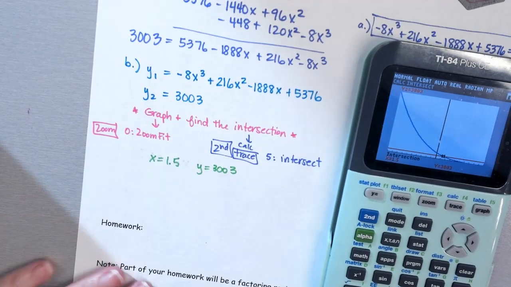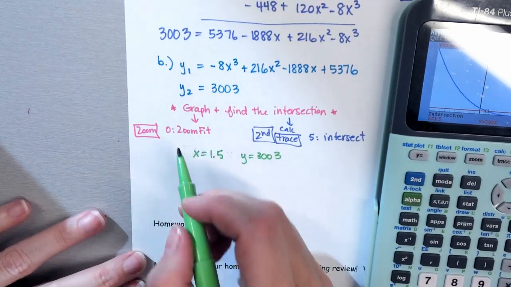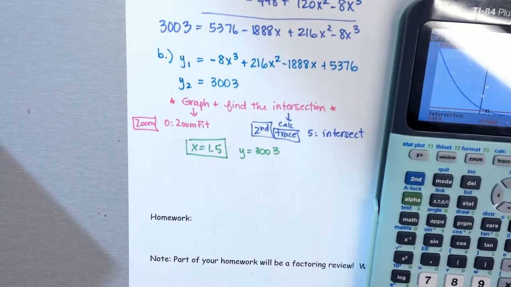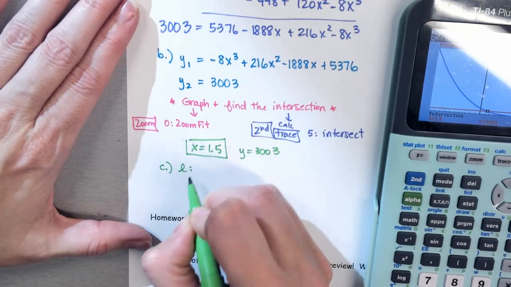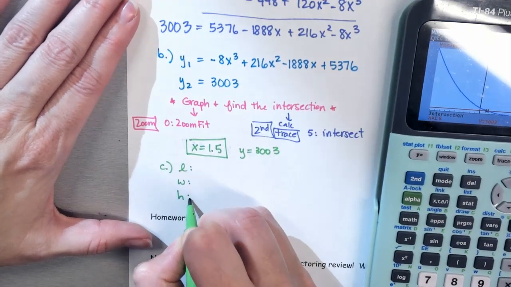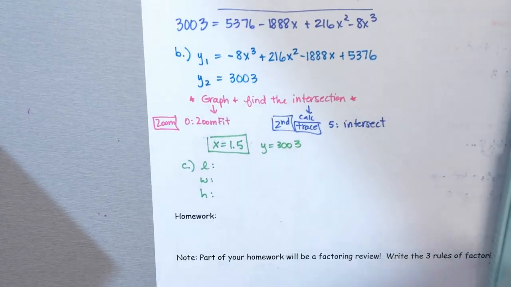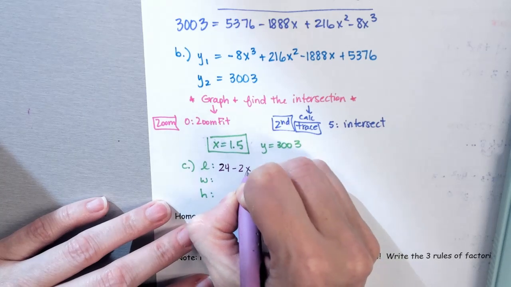That's because that is a constant value. So your solution, the answer that we're going to use is our x value, because when you're finding your dimensions for your length, your width, and your height, you already have your equations, right? So for the length, you're doing 24 minus 2 times x.